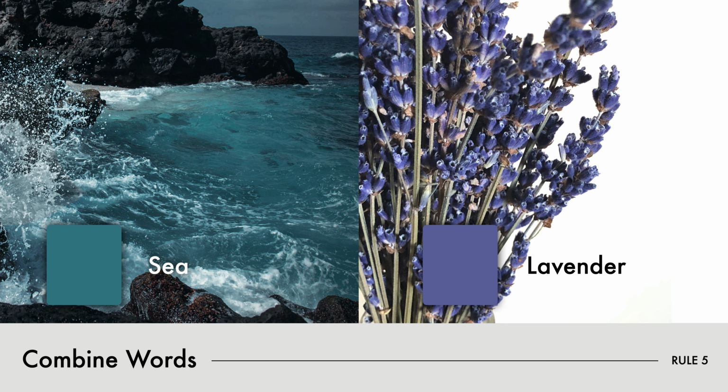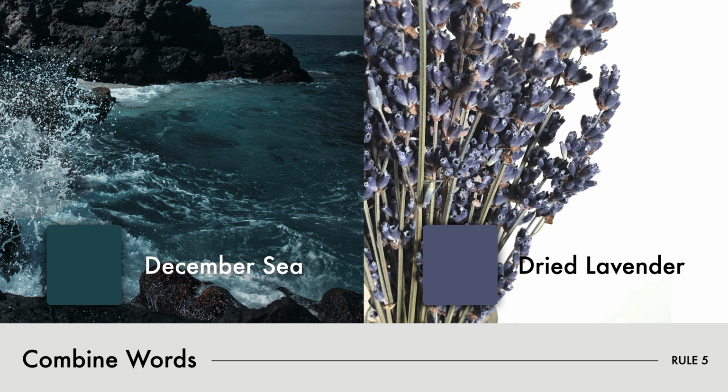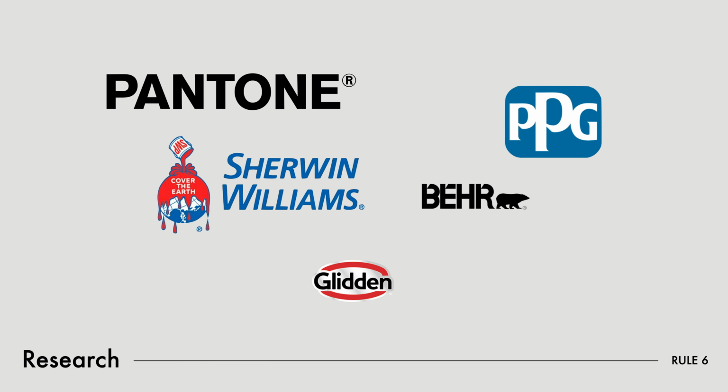So just the bare colors would be here, lavender and sea. But notice what happens when we move these into what we had. We have that dried lavender and that December sea. Beautiful, beautiful, beautiful.